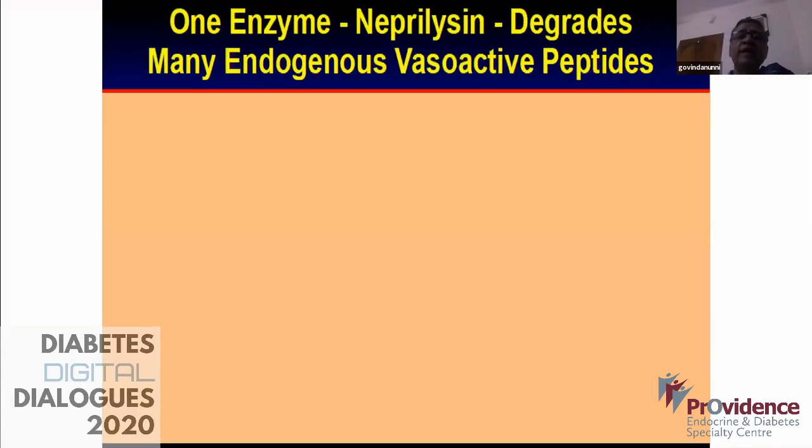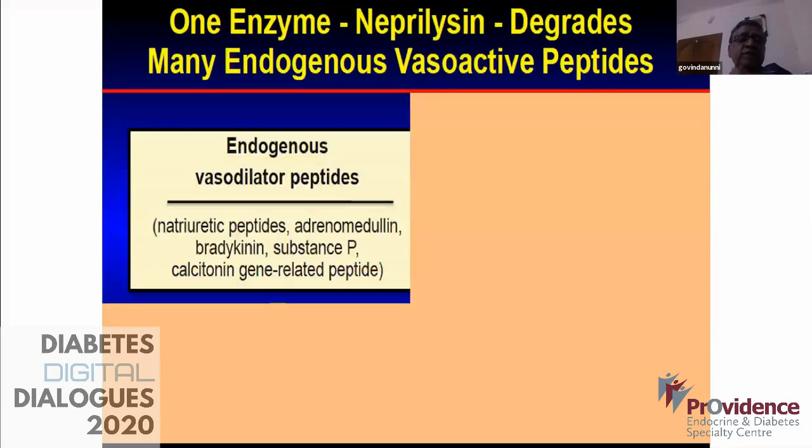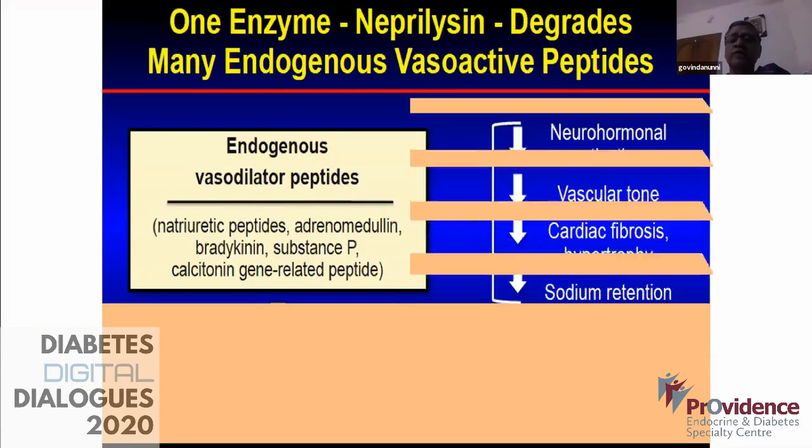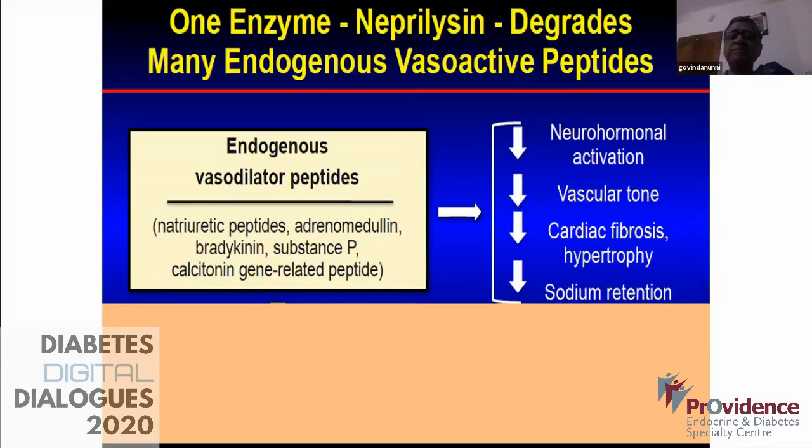The enzyme neprilysin degrades many endogenous vasoactive peptides, not just natriuretic peptides. It also degrades adrenomedullin, bradykinin, substance P, calcitonin gene-related peptides. And all these peptides reduce neurohormonal activation, produce vasodilatation, reduce cardiac fibrosis and hypertrophy, and reduce sodium retention also.